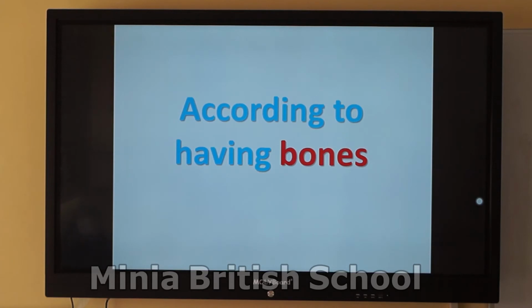Okay, this is a very important point. Animals are different according to having bones. According to what? According to having bones. But before we talk about this point, we have to know the meaning of the word bones.